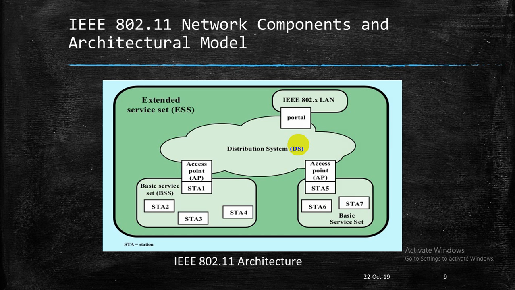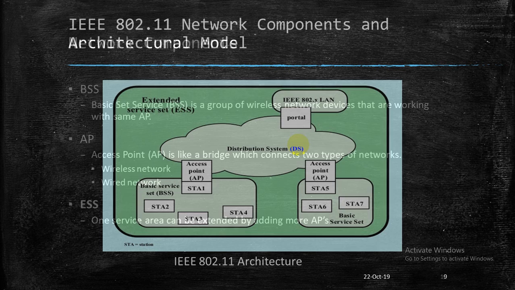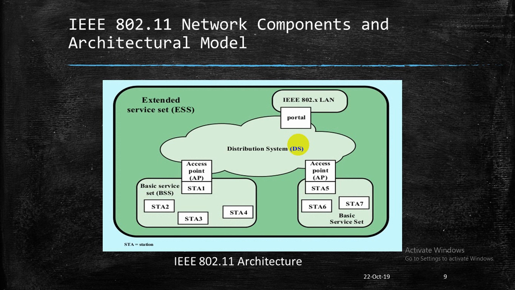An extended service set is mainly formed by connecting one or more APs with another AP, which means we are connecting two or more basic service sets, which will be regarded as an extended service set.